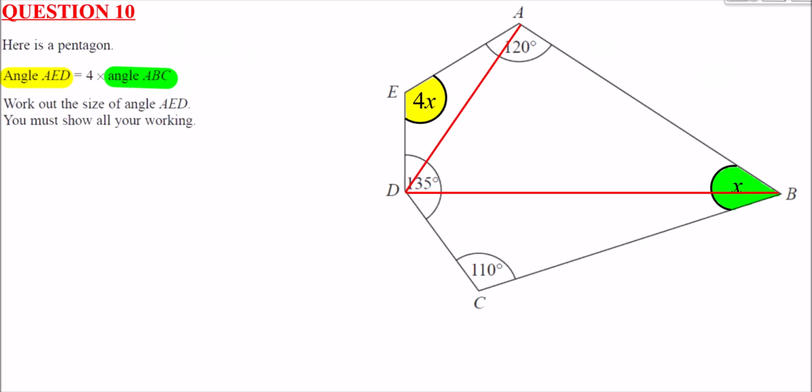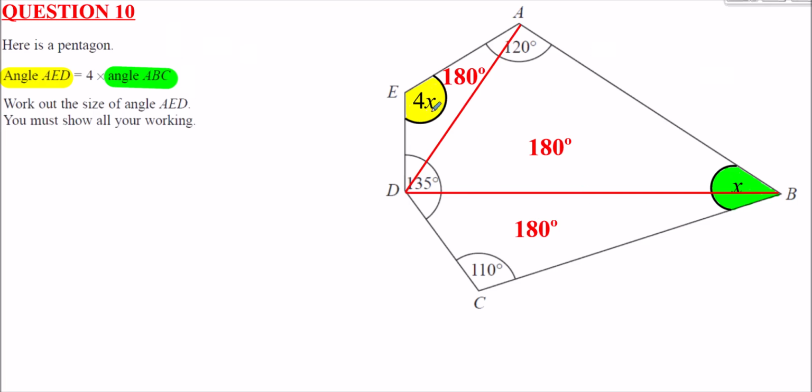The angles inside each triangle is 180 degrees. So if that's 180, this one's 180, and that one's 180, therefore 180 multiplied by 3 is 540, which is telling us the sum of all the angles inside any pentagon adds up to 540 degrees.